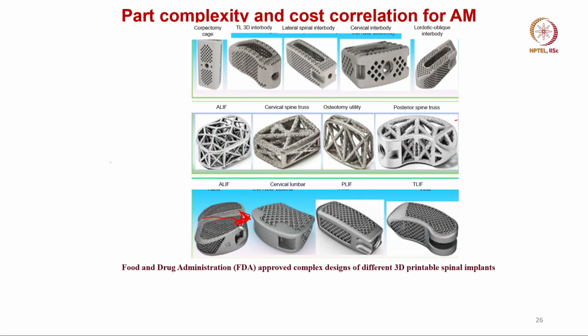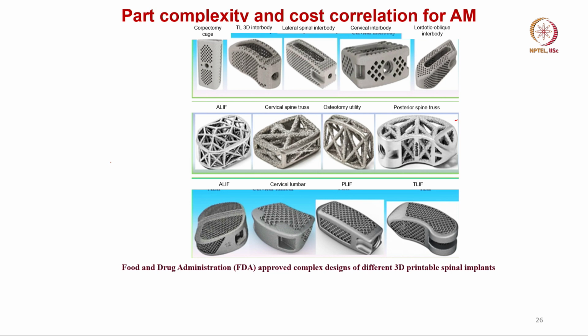So, let me spend a little bit more time on this slide. What you see in this slide, which I have been emphasizing, is that for complex parts 3D printing is the only manufacturing solution. Now, let me substantiate this statement by showing you some of the most complex parts you will see in this particular slide.